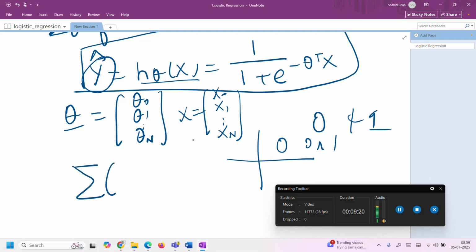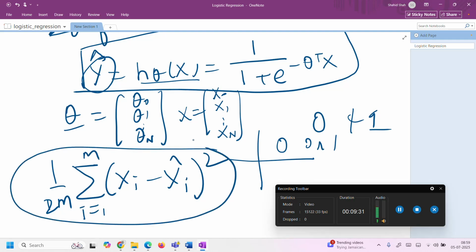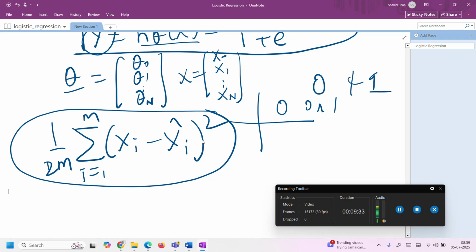So if you use mean square error, which is 1 by 2m times the sum over i equal to 1 to m of (yi minus yi hat) squared, this will not give you a perfect loss function, because it will fluctuate. See, yi is fluctuating between either 0 or 1, and yi hat is between 0 and 1. So this function will, in fact, not have a convex behavior in that sense.